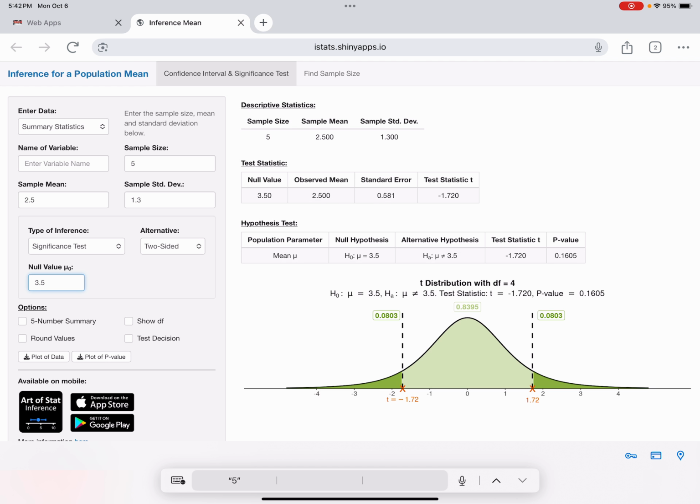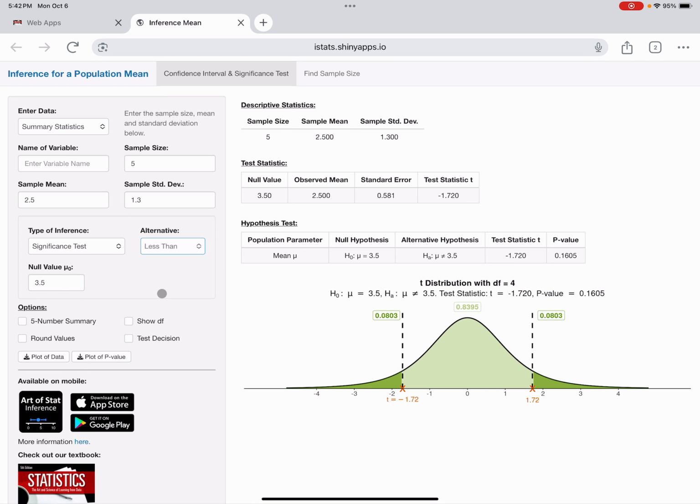We wanted to test mu equals 3.5 against mu less than 3.5. Okay. And sure enough, right? Like 2.5, there's a big difference there, but it's just not quite enough because I think we had a small sample size. So we get a p-value of just 0.0803.